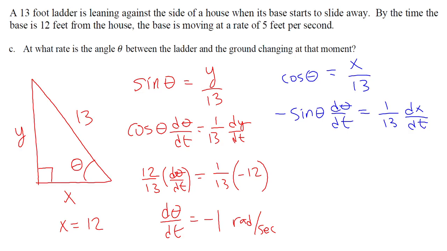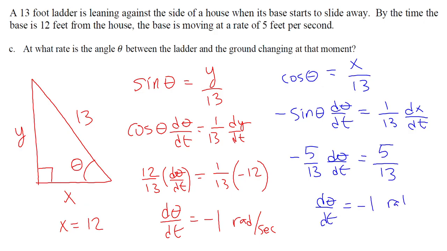And we knew that the y value previously was 5, so that'll be negative 5 over 13 d theta dt is equal to dx dt, which we were originally given as 5. So 5/13. If we cross multiply there, or multiply by the 13, divide by the -5, we get the same exact thing. d theta dt is equal to -1 radian per second.